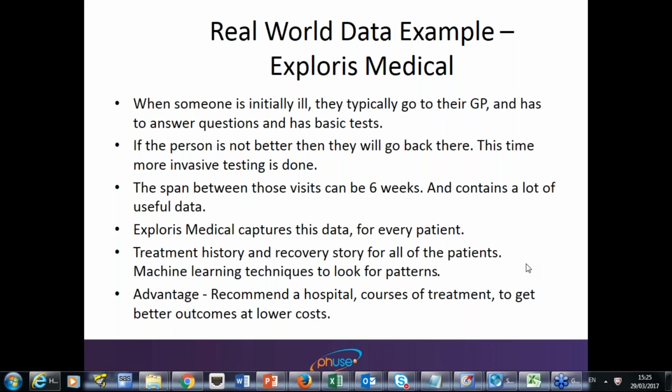And the key advantage of this is that Exploris Medical can recommend a hospital and recommend courses of treatment, and they can allow the patient to get better outcomes at lower costs, which is the key driver. So real-world evidence can help you to achieve better outcomes at lower cost.